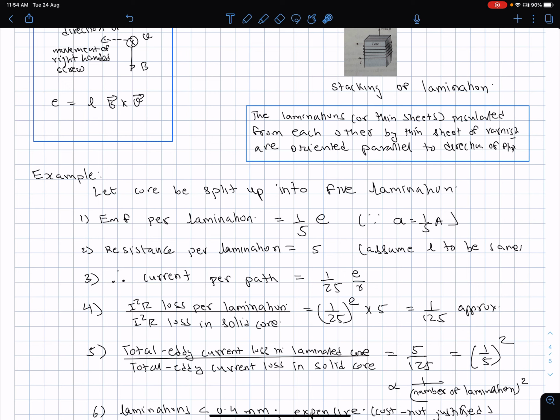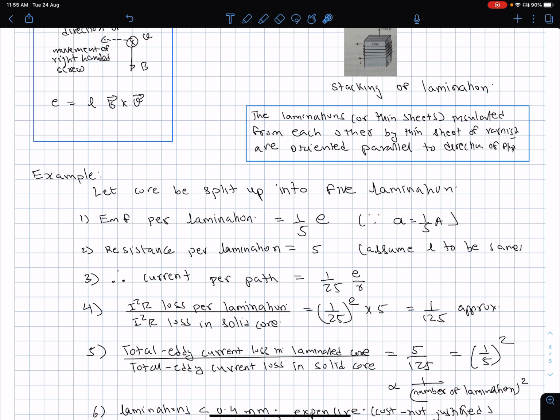Now again, the area of cross section becoming 1/5, the resistance should become 5 times. Of course, this is assuming that the length is the same. Because the length reduces, the resistance will not increase 5 times; in this case it will actually probably increase 3 times. You can calculate it.